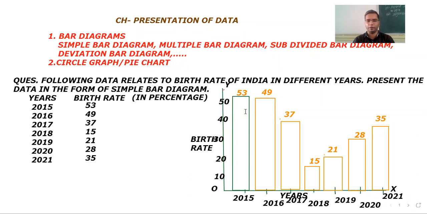And make sure whatever is given to you, you make a proper bar out of it, and definitely you should create a proper gap. Proper width should be there so that you can present the data that is given to you.